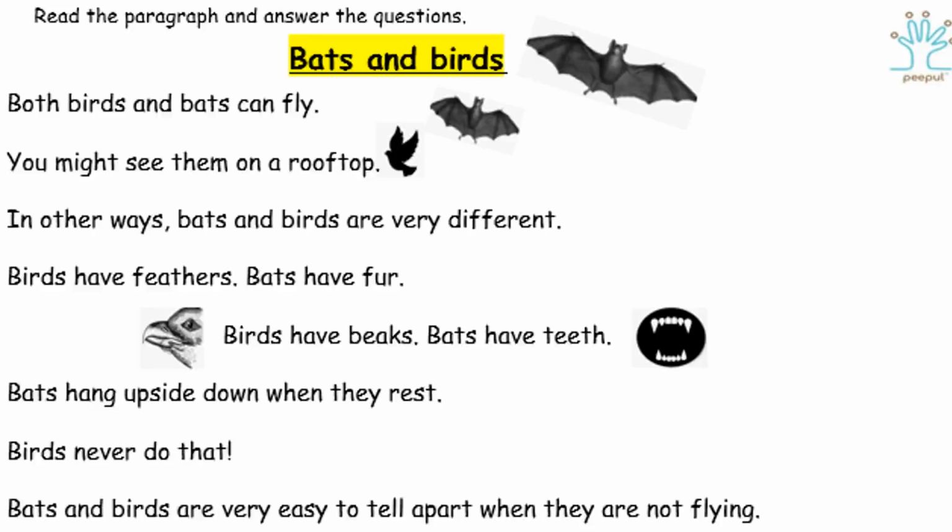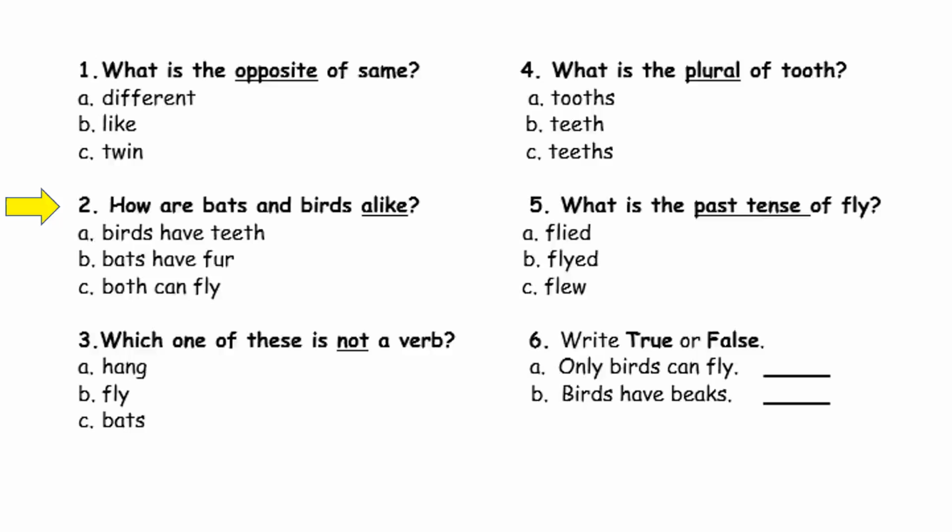Yes, you're right. Both bats and birds can fly. So the thing that is alike between bats and birds is that both can fly. We'll put a tick in front of C because that is our correct answer.